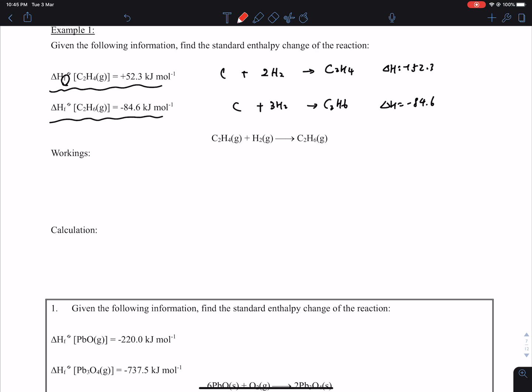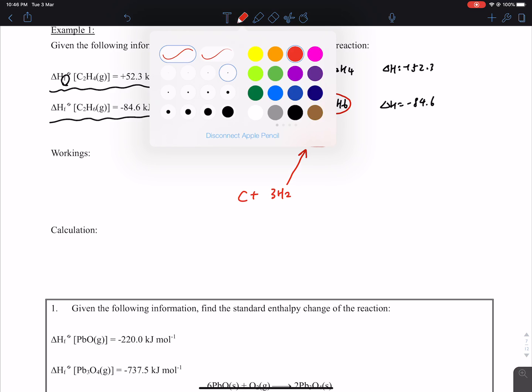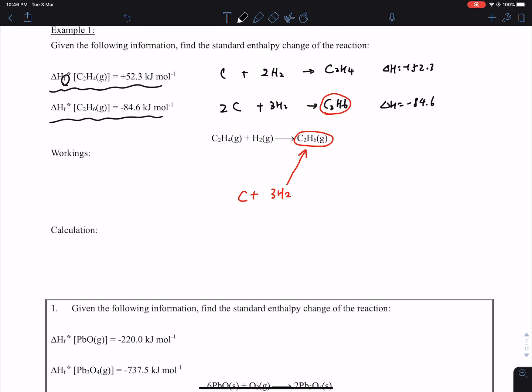You can see C2H6 fits this thermochemical equation, so we can use an arrow and copy the thermochemical equation here. So 2 carbon, sorry, it should be 2 carbon, not balanced, plus 3 hydrogens becomes C2H6, and this is equation 2.